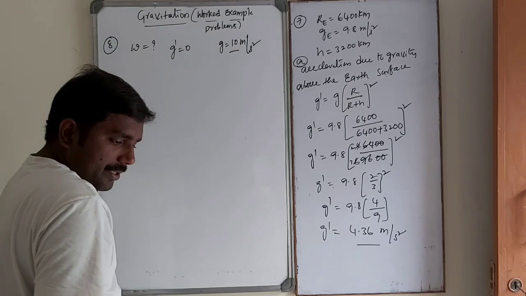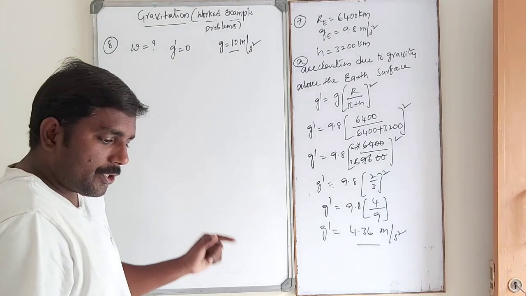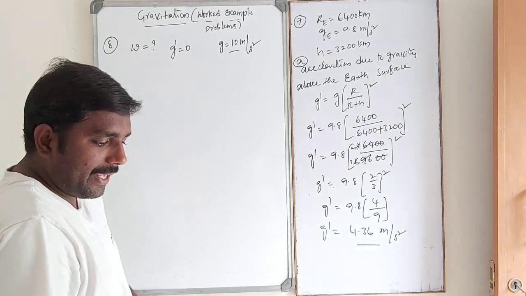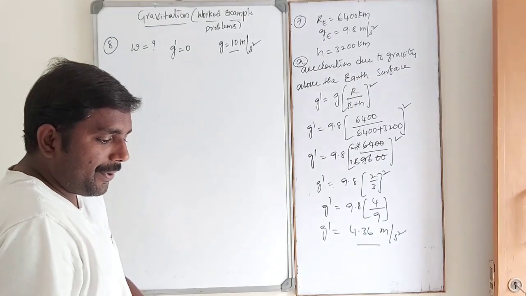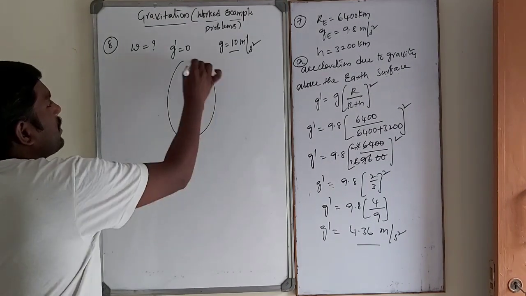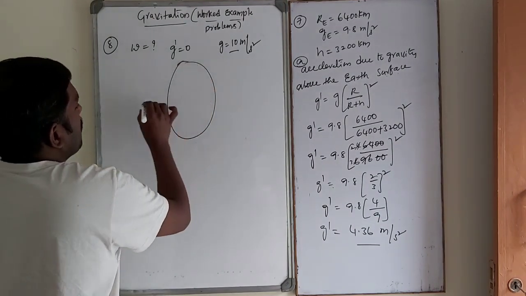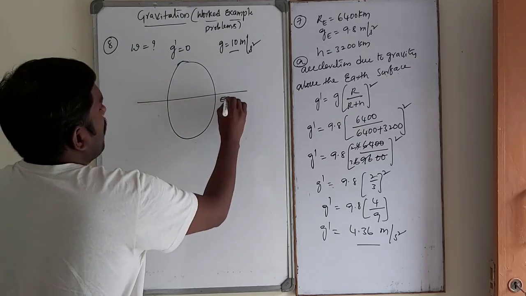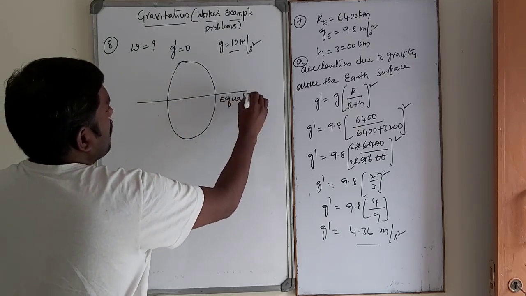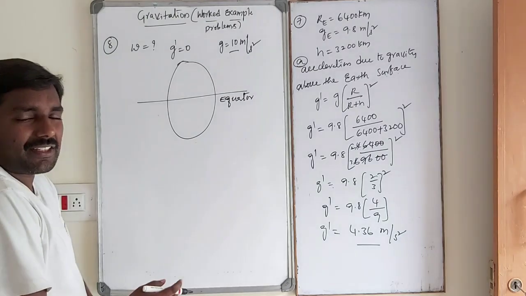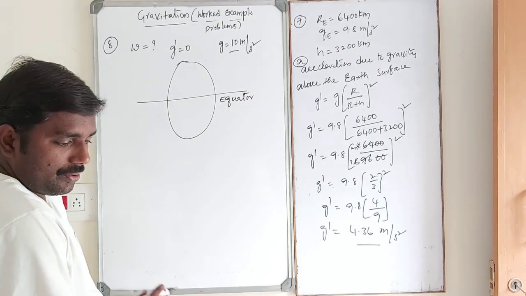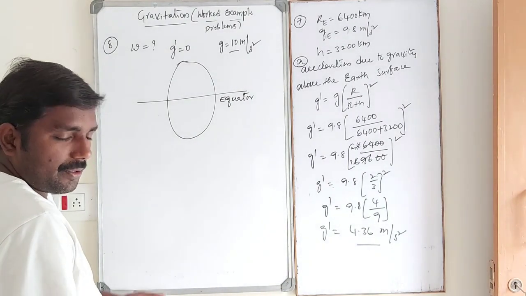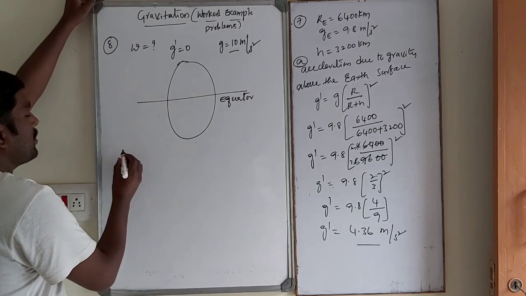See dear students, what would be the angular speed of the earth so that bodies lying on the equator may appear weightless? This is the earth, this is the equator. Variation of acceleration due to gravity with latitude. So what is the formula?